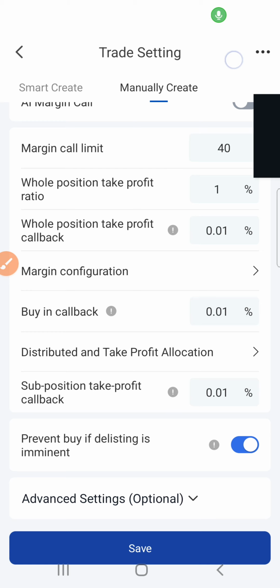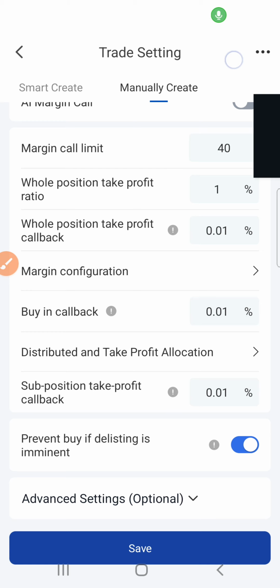So we go to position callback. This one now applies to call margin. Yes, this applies to the way the robot is selling those positions or sub-sales. Remember, we come here and set the percentages.